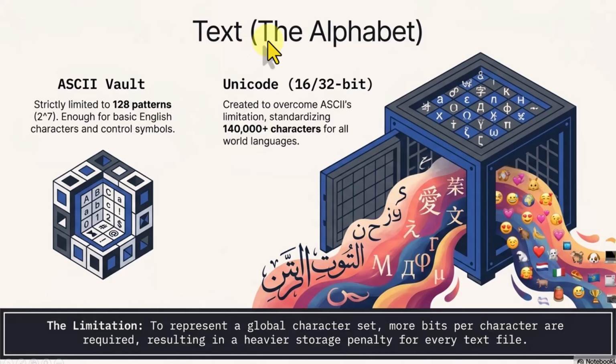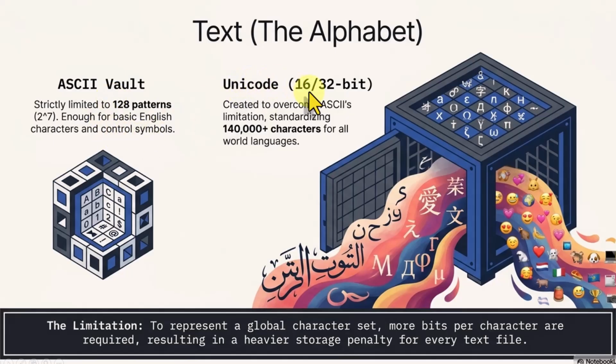Then after that, the text. The number of bits per character determines how many different characters you can use. For example, ASCII uses 7 bits, so we can have only 128 patterns, which is enough for basic English characters and control symbols, but we will have a problem for symbols or characters other than that.